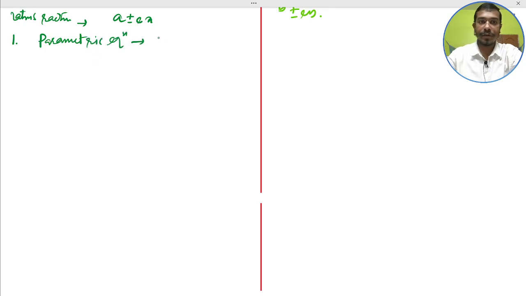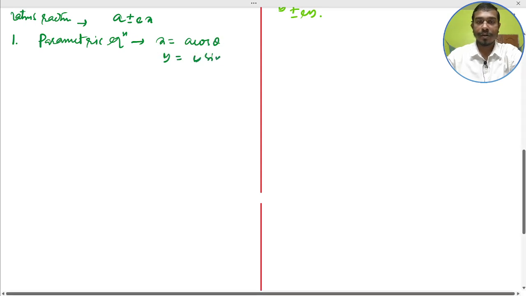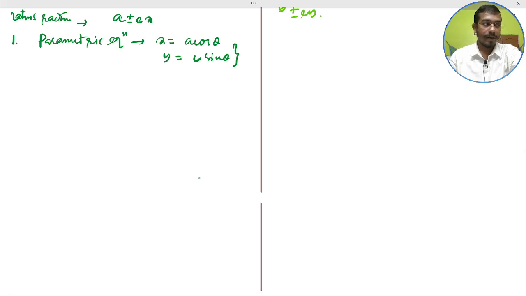Here the parametric equation: x equals a cos theta and y equals b sin theta. Because these two satisfy the equation x square by a square plus y square by b square is equal to 1.